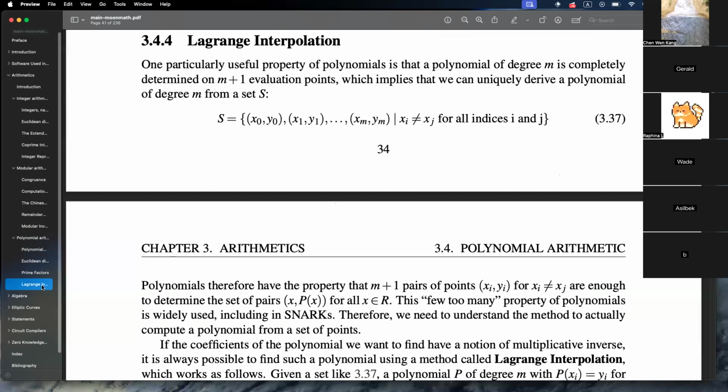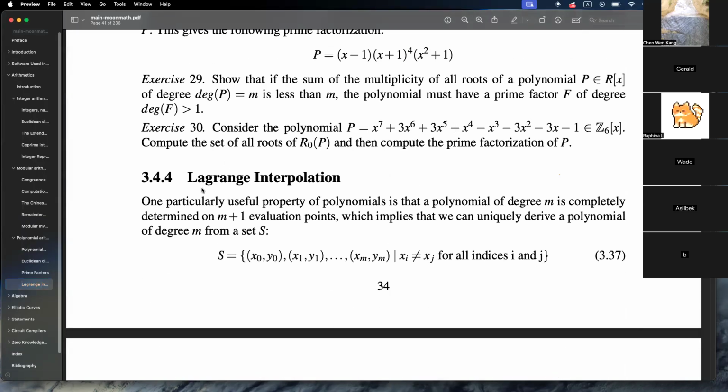This is something that we'll constantly use in various ways. Later on, in the Groth16 protocol as well, and I believe in almost all, if not all, ZK protocols, we use this in different ways.